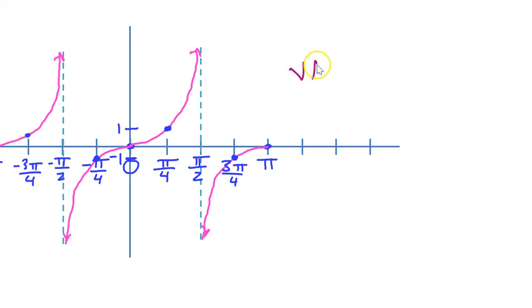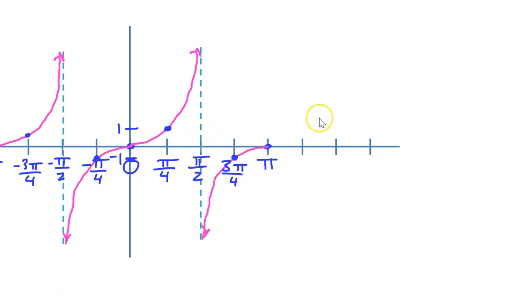An equation for all of the vertical asymptotes: pick one vertical asymptote, pi/2, and add the period with a multiplier, n. So if I add pi n, that's going to give you all of the asymptotes. Now I should say x equals in front of this. Can I just squeeze it in? x equals pi/2 + pi n. That would be an equation for all of the asymptotes, where n is an integer.